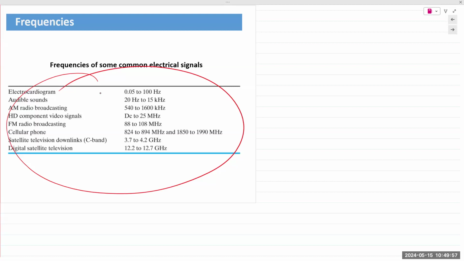So AM and FM frequencies, television frequencies, they are all the same particular band of frequencies all across the world. Each country's government determines which frequencies they're going to use. And they auction off these frequencies, meaning the right to use a particular frequency is auctioned off by every government. These are very valuable. The costs of owning these frequencies for a certain period of time runs into billions and billions of dollars. That's how the government makes a lot of money.